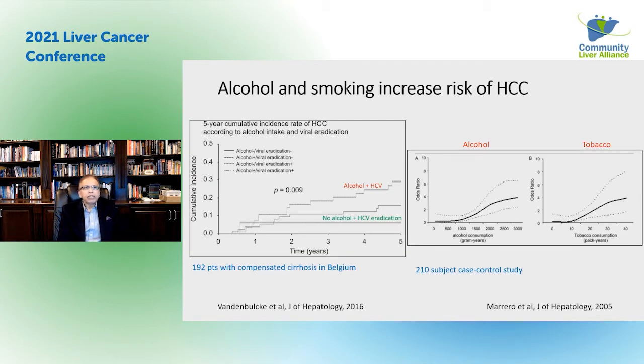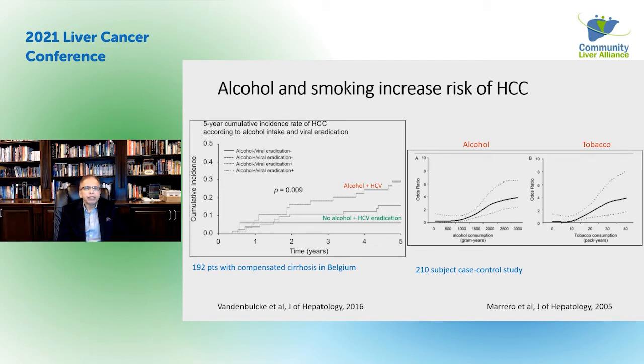Now, how about alcohol and smoking? On the left is a study that looked at the 5-year cumulative incidence rate of HCC according to alcohol intake and viral eradication. The top line are those who were drinking alcohol and had HCV eradication.